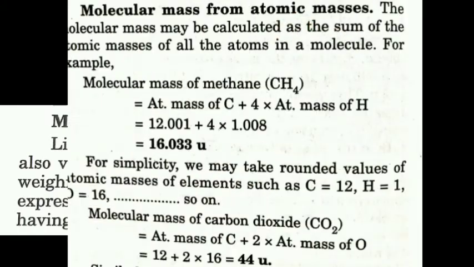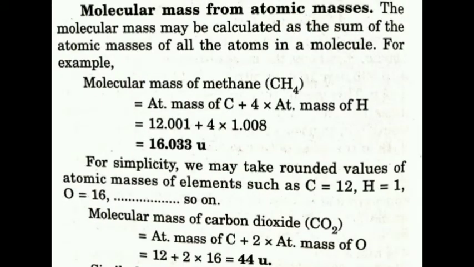And how can we calculate the molecular masses from the atomic masses? Now we can take some examples. Take the example of methane. The formula of methane is CH4. So how can we calculate the molecular mass of methane? The molecular mass of methane is equal to the atomic mass of carbon plus 4 times the atomic mass of hydrogen.